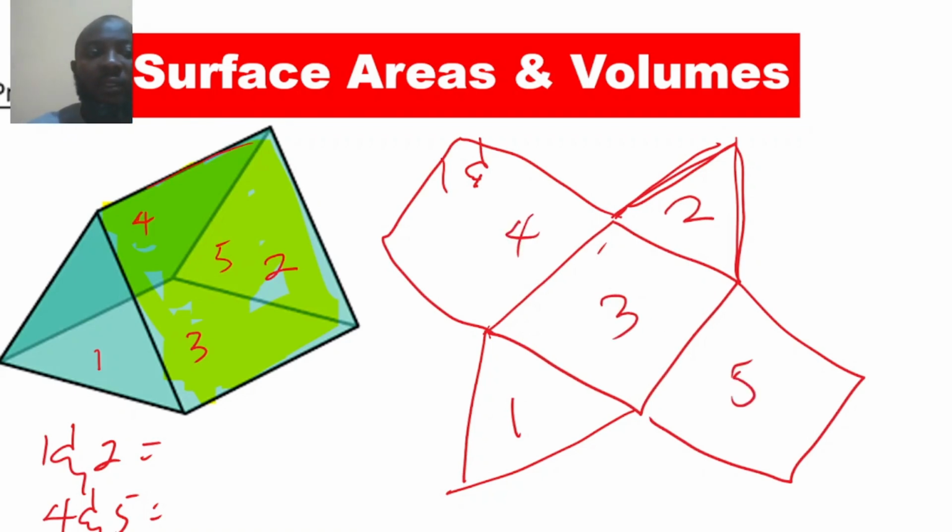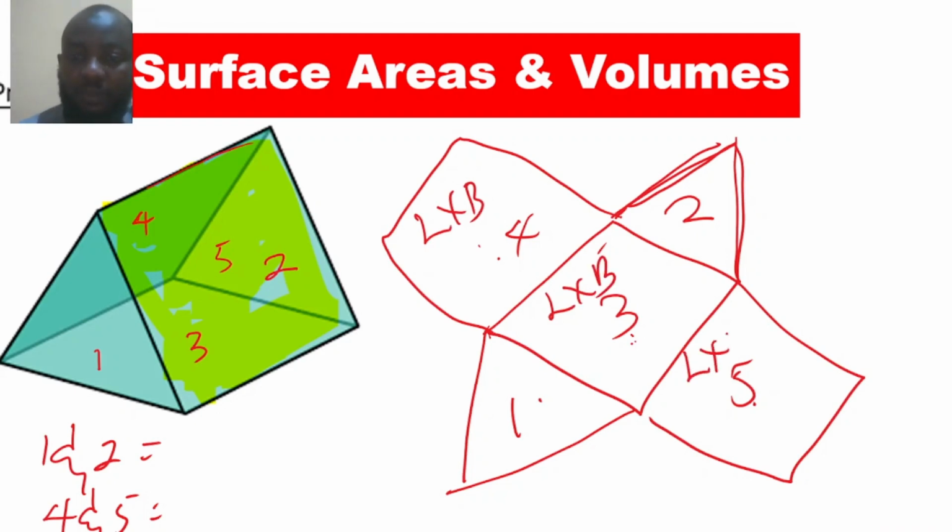I hope I'm making sense. So 4 and 5 are the same, 1 and 2 are the same, it's only 3. If you look at 3, 4, 5, they are all rectangles. So what we're going to do is find the area of this, which is length times breadth. Area of this, length times breadth. Area of this, length times breadth.